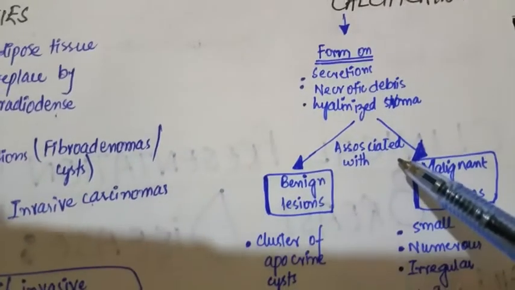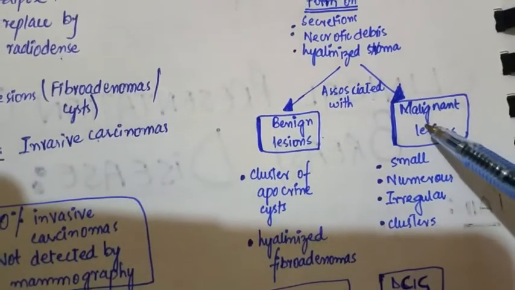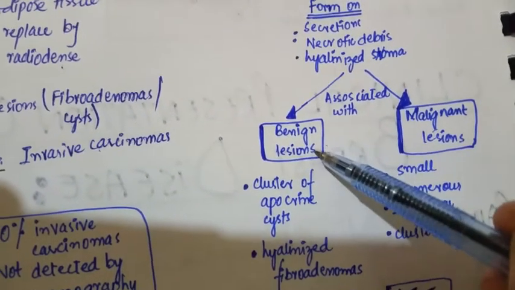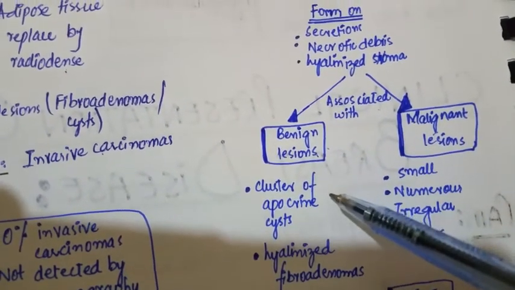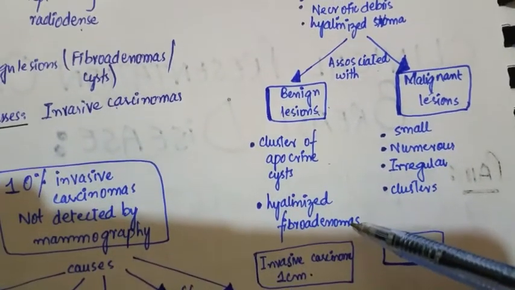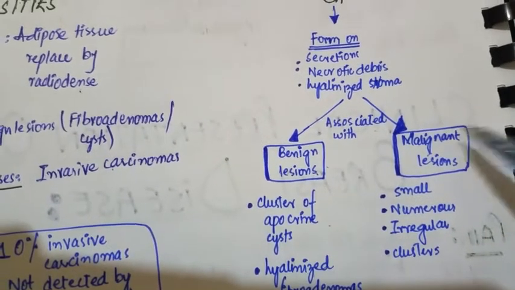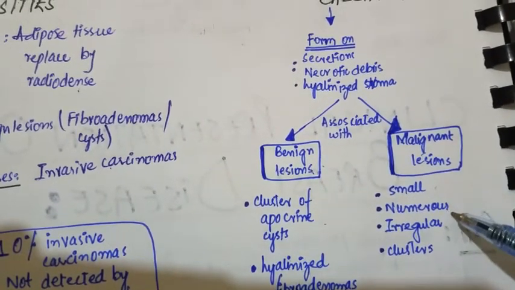They may be associated with benign or malignant lesions. Benign lesions may show clusters of apocrine cysts or hyalinized fibroadenomas. Malignant lesions may show small, irregular, numerous clusters.